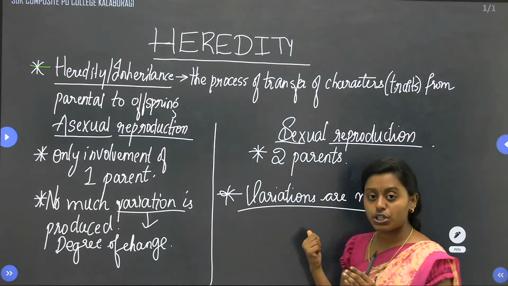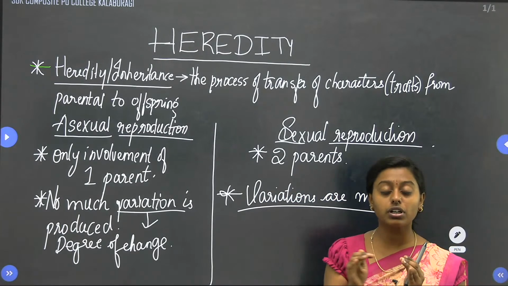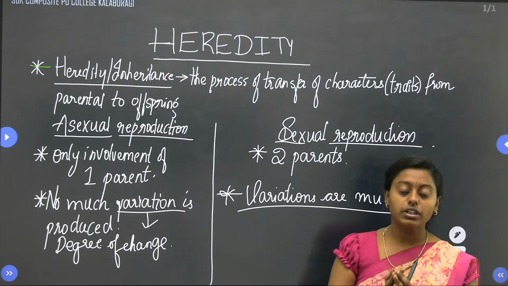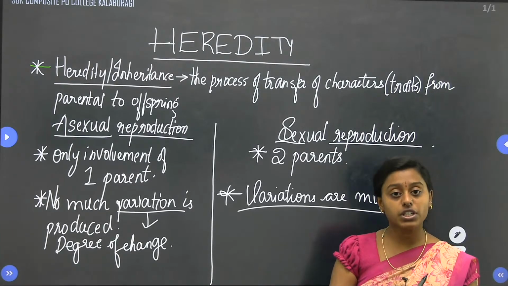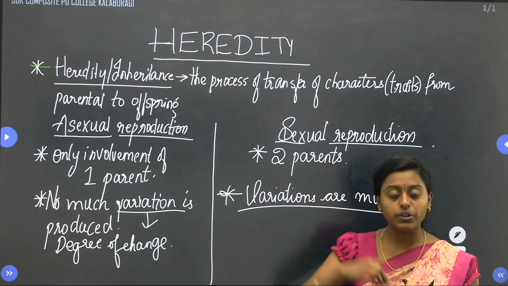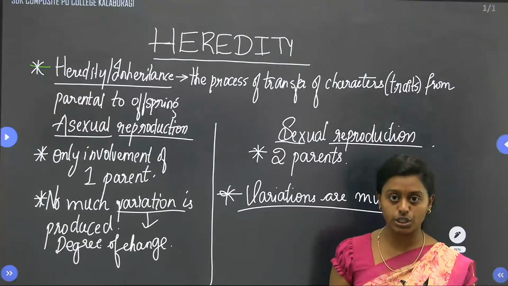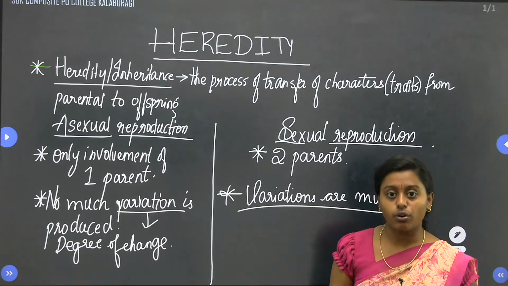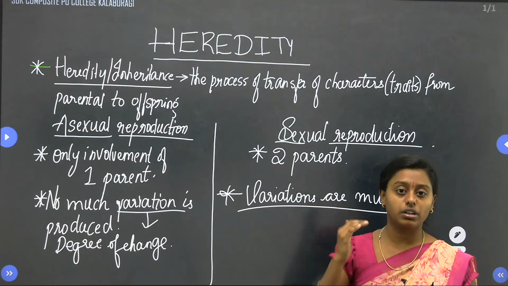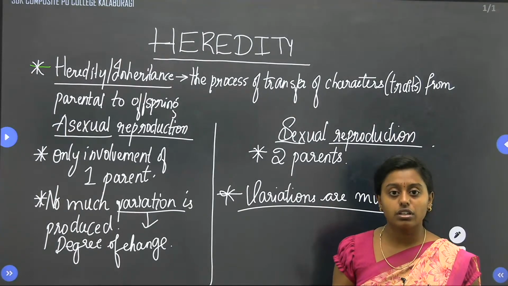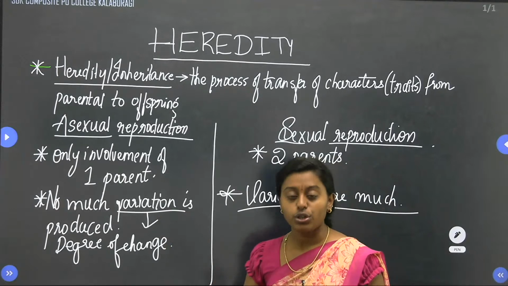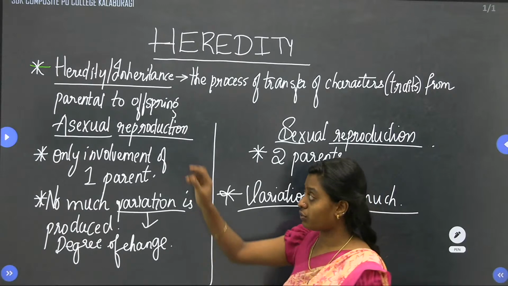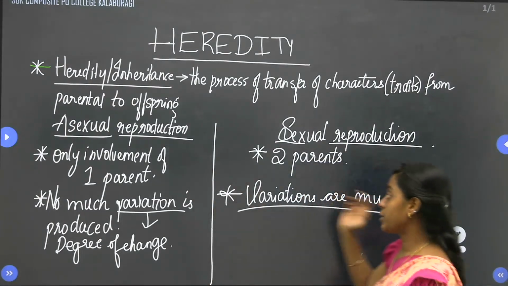In sexual reproduction, if we observe the offspring for one particular character, how much degree of change the offspring is showing with respect to the parental generation is termed variation.